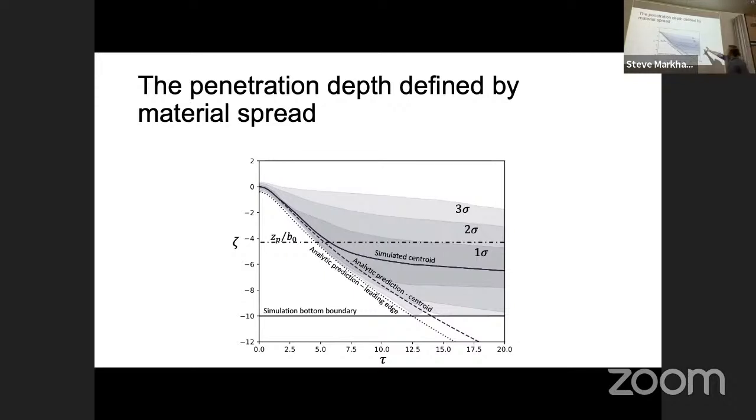Basically, most of the material is within this 1 sigma bound. And you have to define some depth at which you say most of the material ends up below this depth and doesn't mix very efficiently above that depth. And we find that it's able to propagate down to several multiples of its initial size. And if its initial size is comparable to the scale height, then this can be several multiples of the scale height.